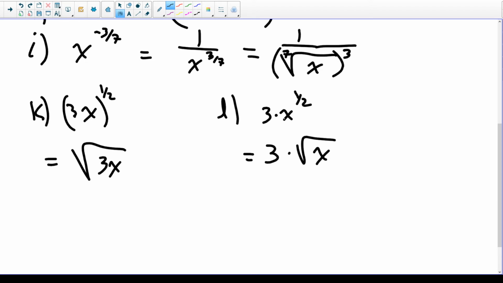If you have a separation with no bracket, even one that you can't technically see, I mean, if I wrote that 3 right next to the x there, that could be very misleading. You have to know that they are not technically connected within that 1/2 power. Only the x is being affected by the 1/2. The 3 is on the outside and therefore multiplies the answer of the radical there.